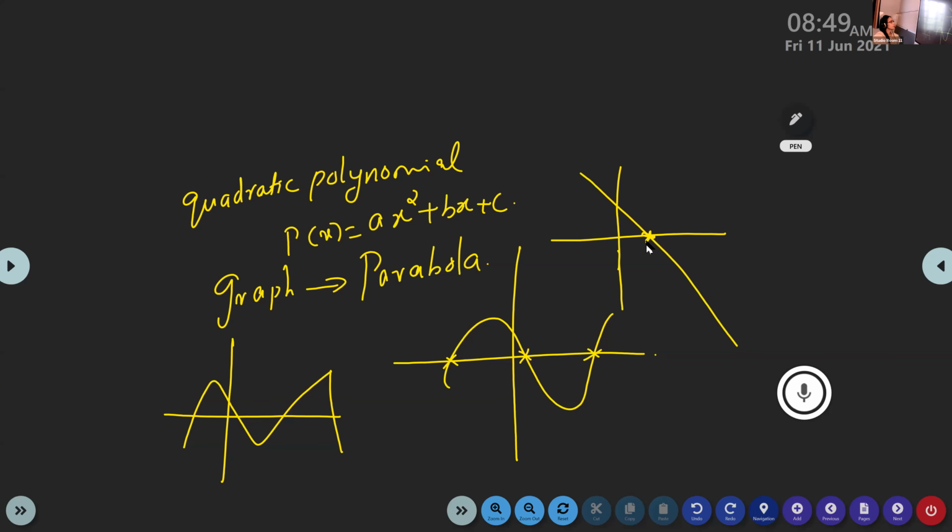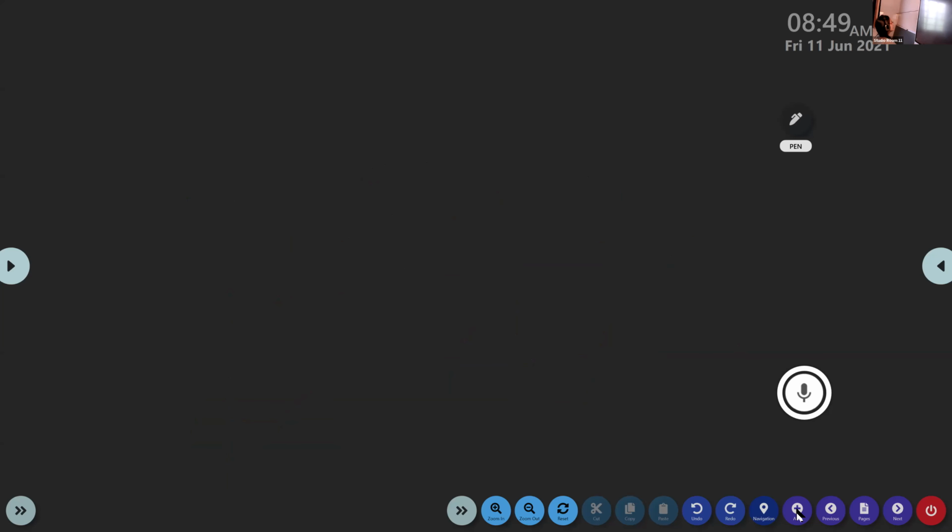Okay, now we are moving to the relation between zeros and coefficients of a polynomial. Relationship between zeros and coefficients.